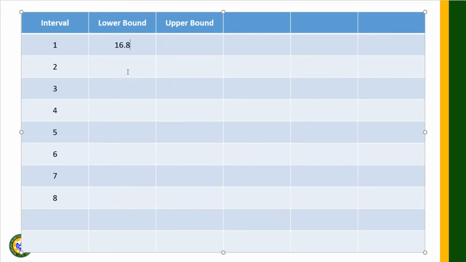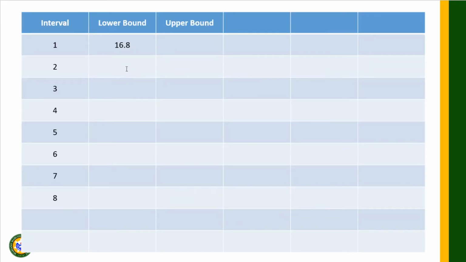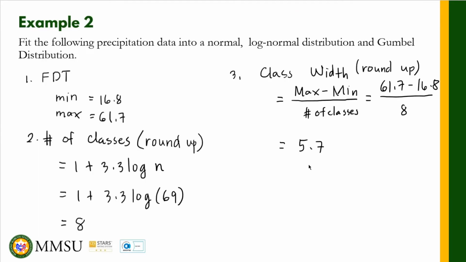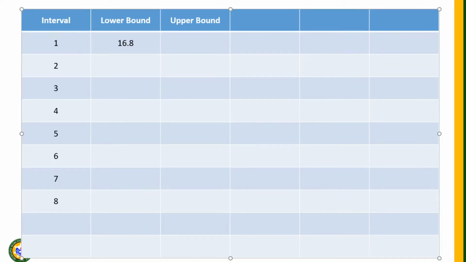And then, we need to compute the lower bound of the next classes, itong mga intervals natin. We can get the lower bound of the next interval by adding the first lower bound and the class width. So, itong next na lower bound natin ay 16.8 plus 5.7, which is 22.5.